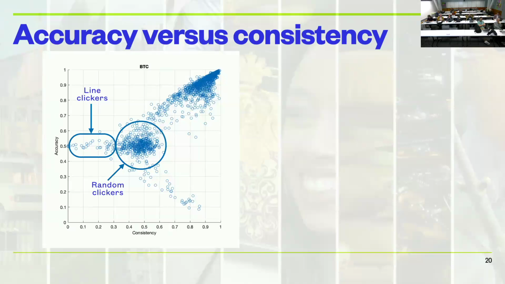And we have in each batch, half of the left answers are right and half of the right answers are right. Okay, so the accuracy is 0.5, but the consistency is 0, right? Because when they always click on the right one, they click the correct answer for one question of a pair, and the wrong answer for the other question of the pair. Okay, so these are the line clickers.